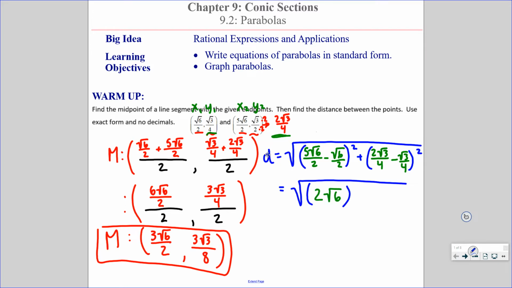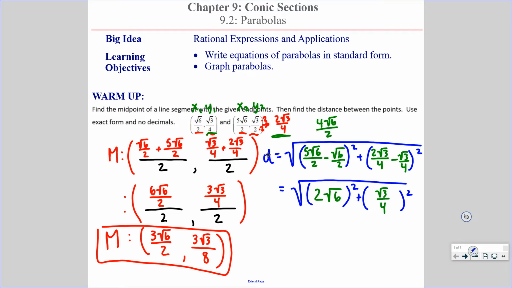Do we get that far? If you need to show more steps, you can. You can show, obviously, 4 root 6 over 2. All right, what's 2 root 3 minus 1 root 3? 1 root 3. So 1 root 3 over 4.